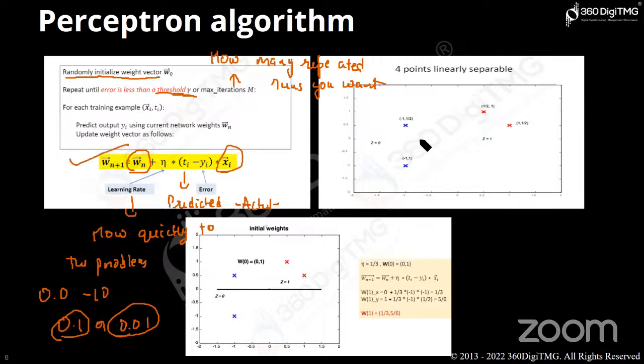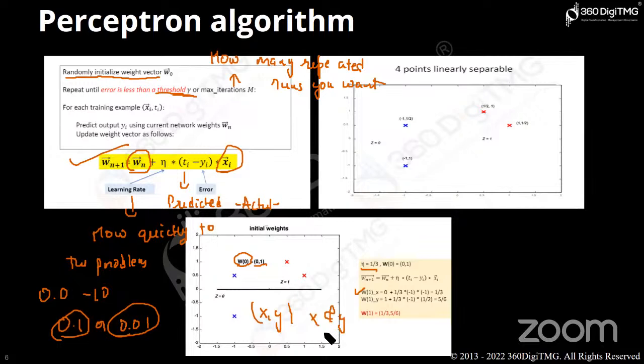So here we have these 4 points. We are trying to calculate the initial weights. The initial weights at 0, 1 are weights 0, and the learning rate is 1 by 3. This is how you calculate weights. Since this is a two-plane problem, you calculate for x and for y.